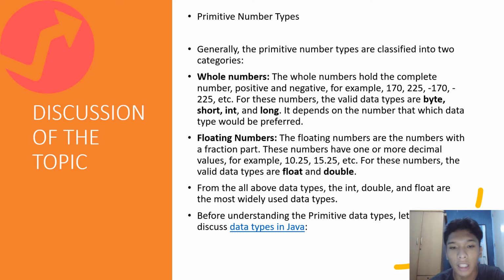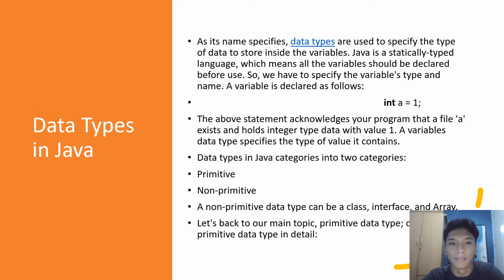Before understanding the primitive data types, let's discuss the data types in Java. As its name specifies, data types are used to specify the type of data to store inside the variables. Java is a statically typed language, which means all the variables should be declared before use.